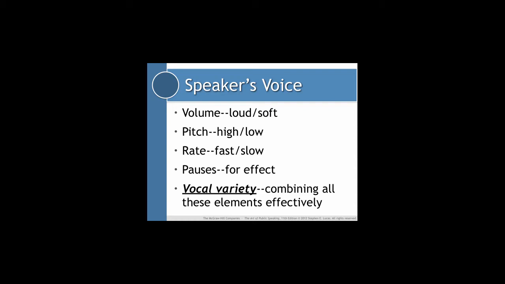Also, you need to consider rate, how fast or slow you're speaking. And as I said, most people speak between 125 to 150 words per minute. That's the norm. However, when you get very, very nervous in a speech, we have a tendency to speed up and start speaking very, very fast.